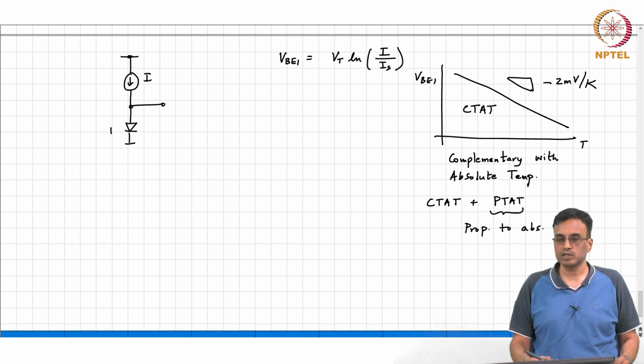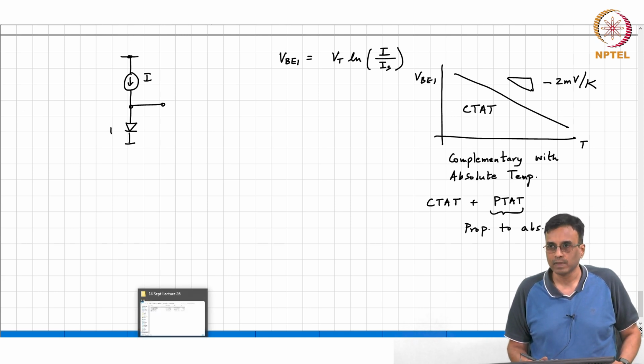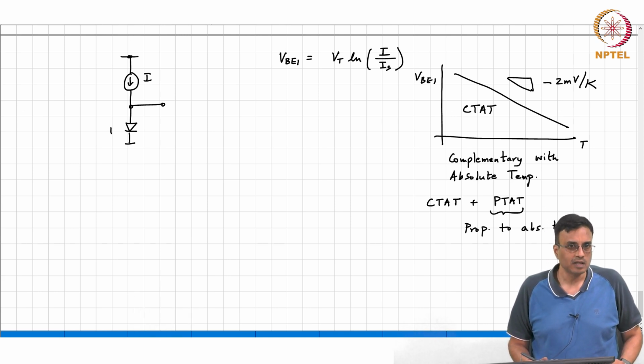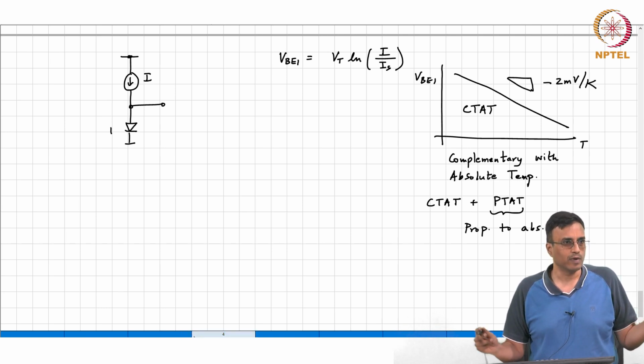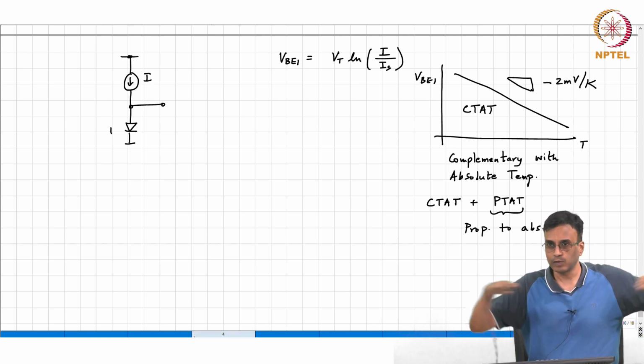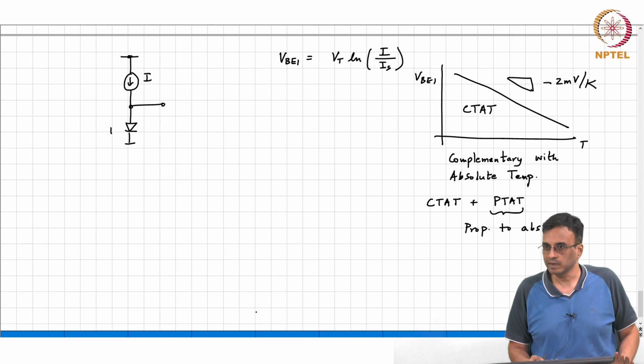So, what we need to add to this VBE1 is a voltage with a positive temperature coefficient of plus 2 millivolts per Kelvin. If you add that to this, the result will be something which is flat over temperature. Does it make sense? All right.